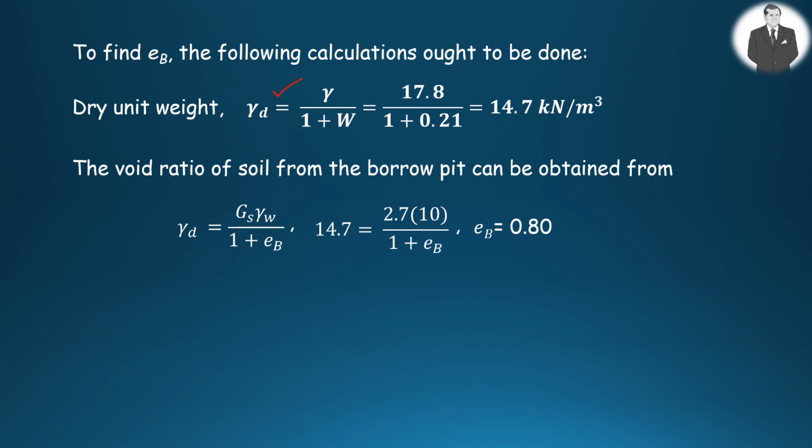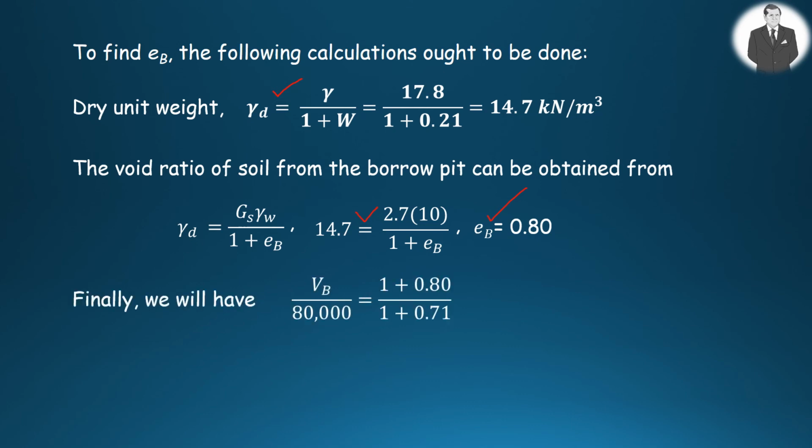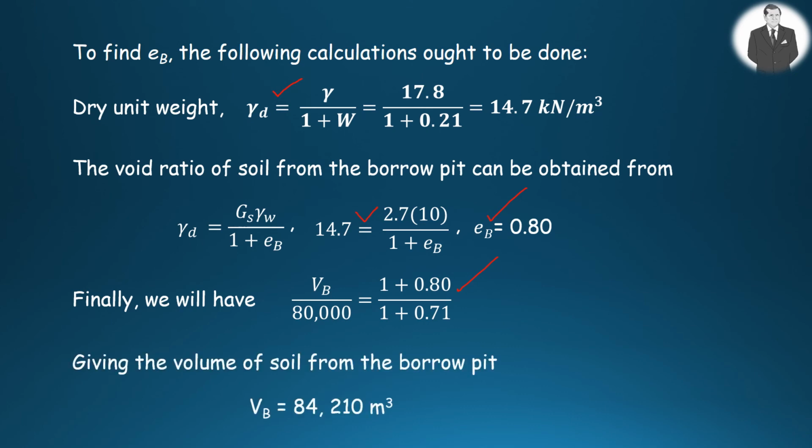Now, if we involve the dry density value into this equation, we can get E sub B, which is the void ratio of soil from borrow pit. If we involve this value into this equation given here, it will result in the volume of soil needed to be taken from the borrow pit. It is about 84,210 cubic meter. Got it?